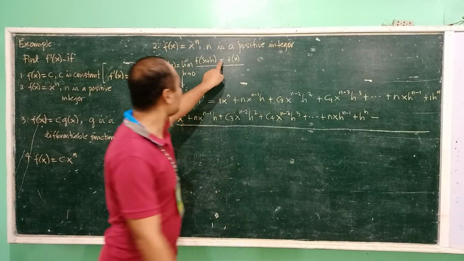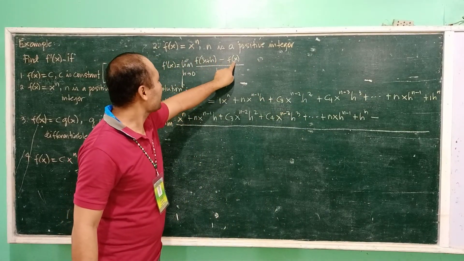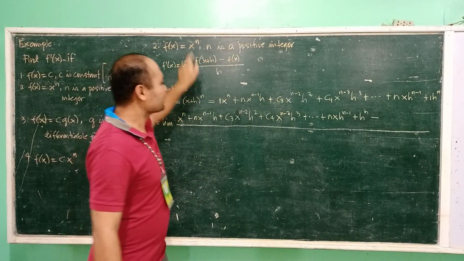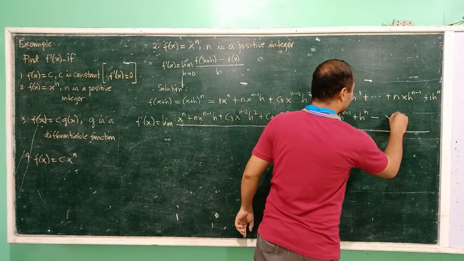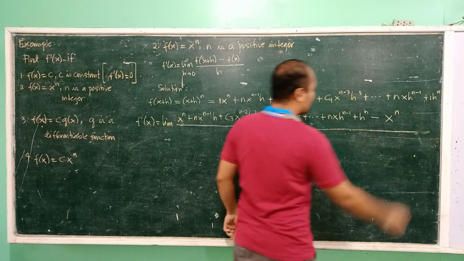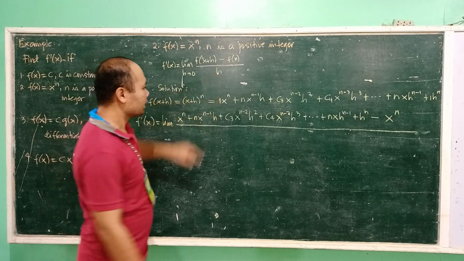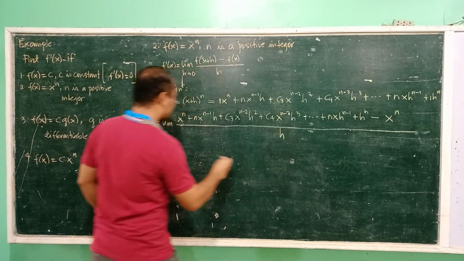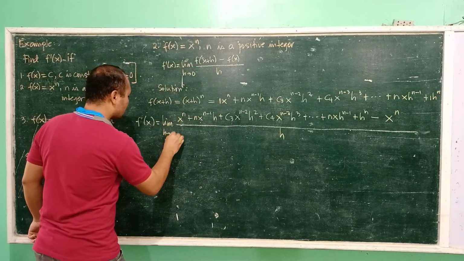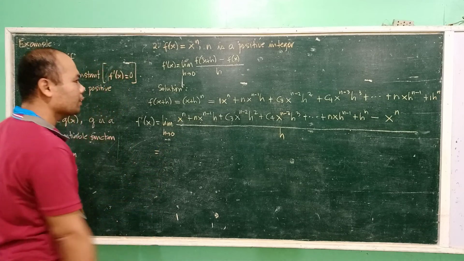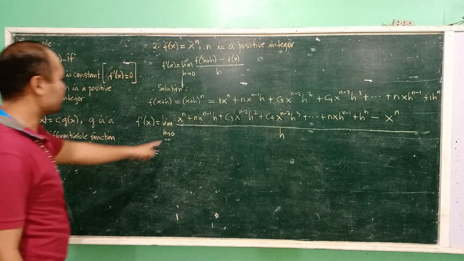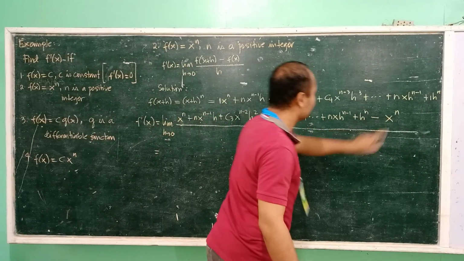Minus, because the formula here is minus f of x. And what is our f of x? x to the n. So I'll write here x to the n, all over h, as h approaches 0. Okay. Now, of course, this one will be 0.